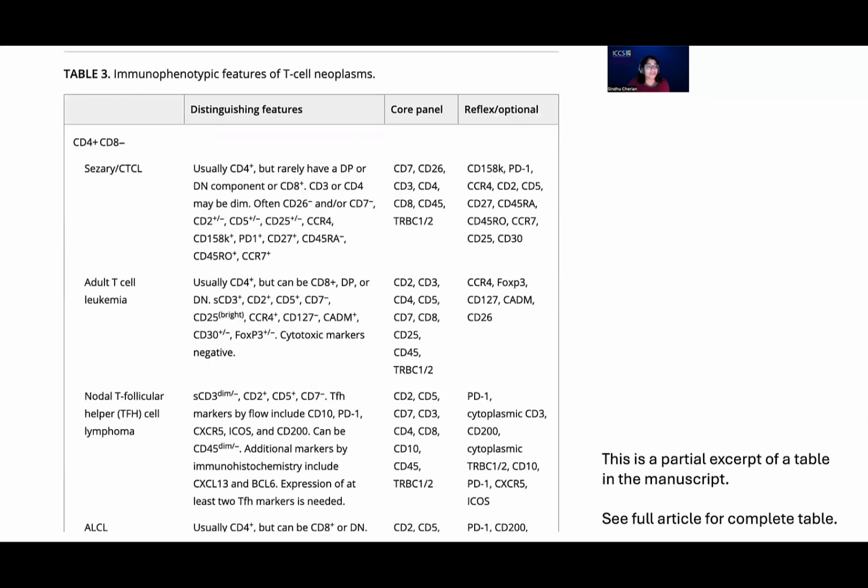We also have in a table the diseases which come together with the various antigens, and we have lists of distinguishing immunophenotypic features and the core panel that you'd want to use to make any of these diagnoses, along with reflex or optional antigens you might consider adding in different scenarios.